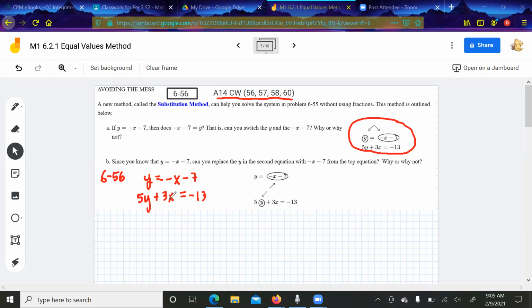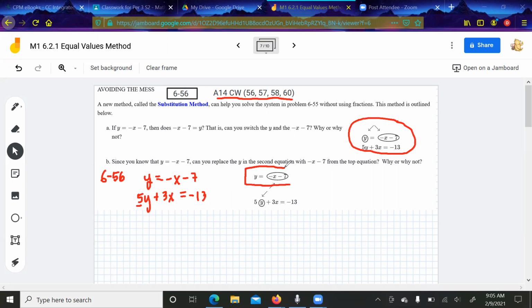Okay, so you see we have these two equations. One of them is going to have a variable that has no number in front, no coefficient. So this has a coefficient of 5, but this only has a coefficient of 1, right? There's an invisible 1 there. So that's the variable we want to solve for. This one is already solved for y.